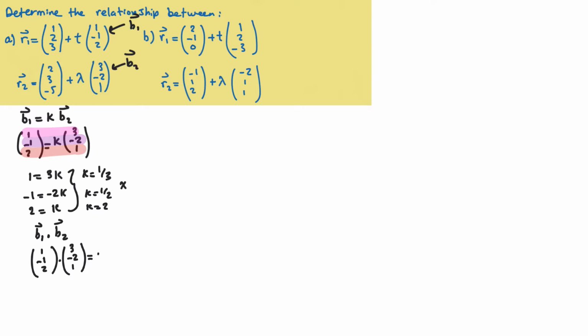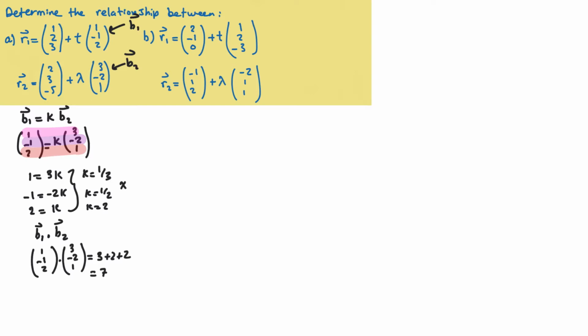That's 1 times 3, that's 3. Then we add the y components multiplied by each other. That's -1 times -2, which is 2. And then the z components, which is 2 times 1, which is 2. This is equal to 7, which is not equal to 0. Therefore, they are not perpendicular either, because their dot product needs to be 0 in order for them to be perpendicular.